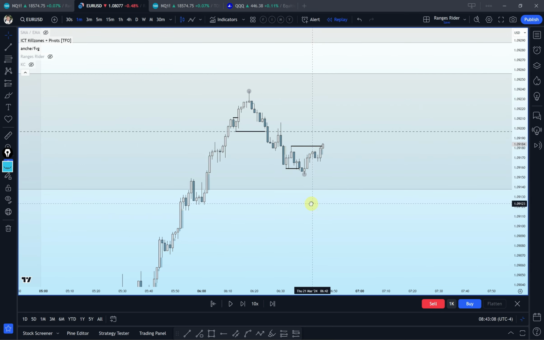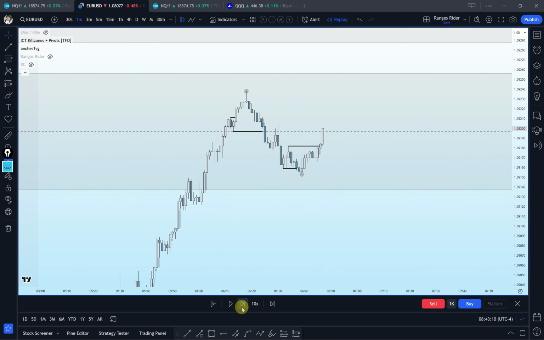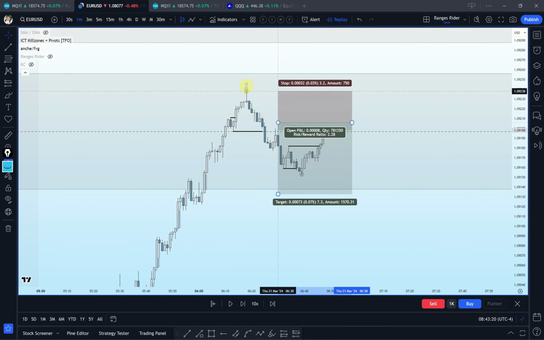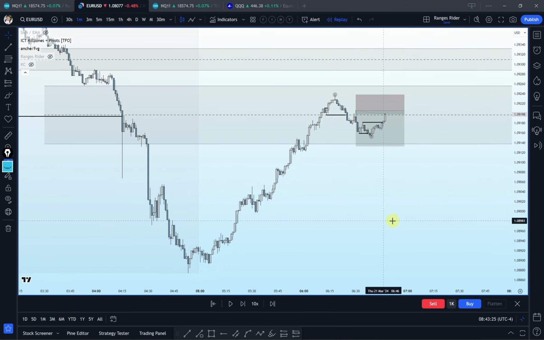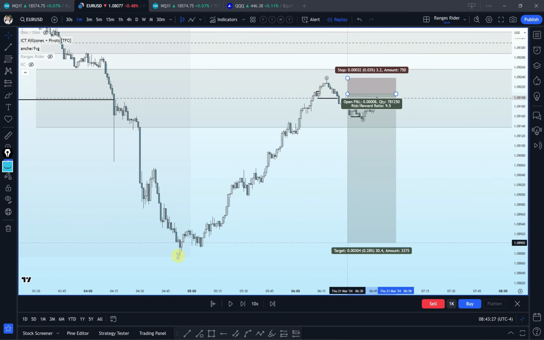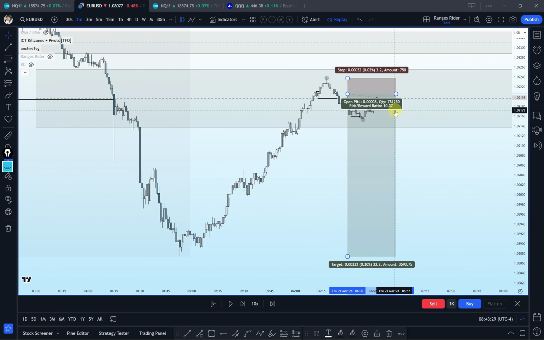And let's see here. Okay, we are already at the 50% of this fair value gap. Now, if we enter here, and this is our target, this is 10.37.